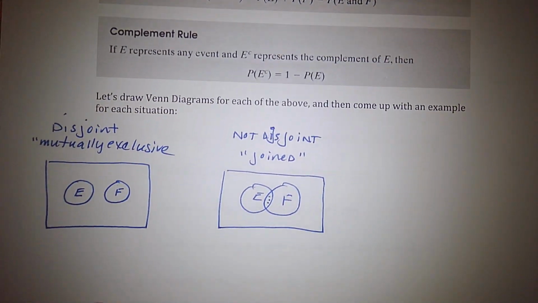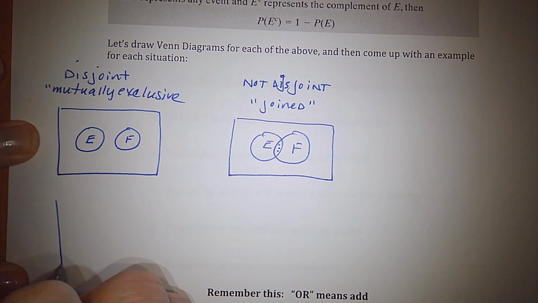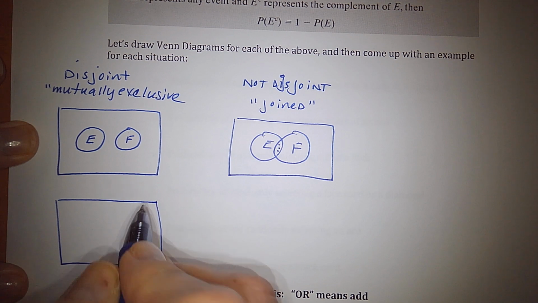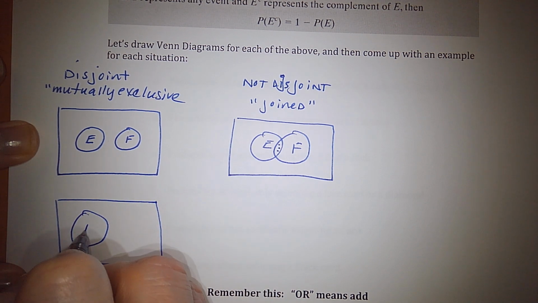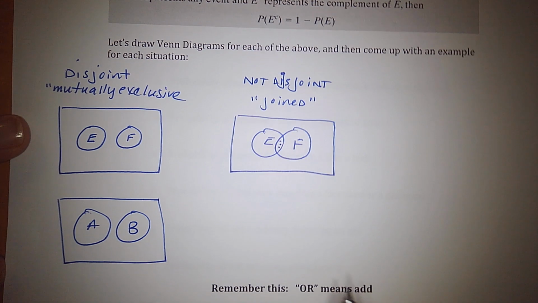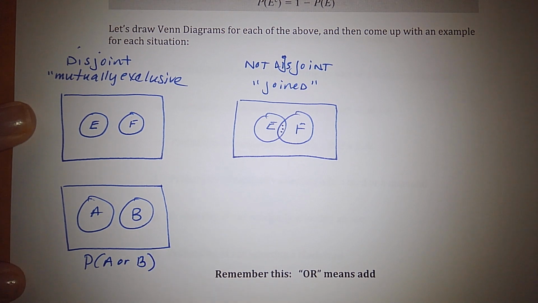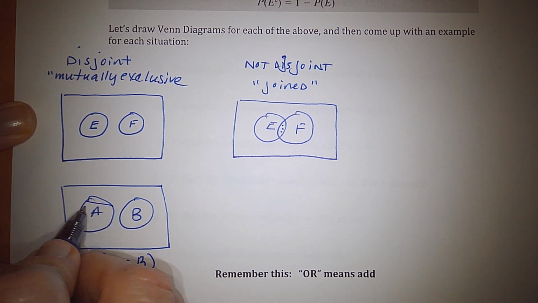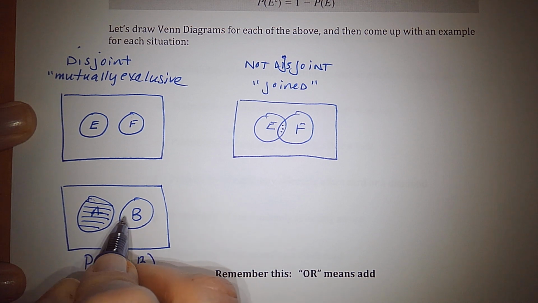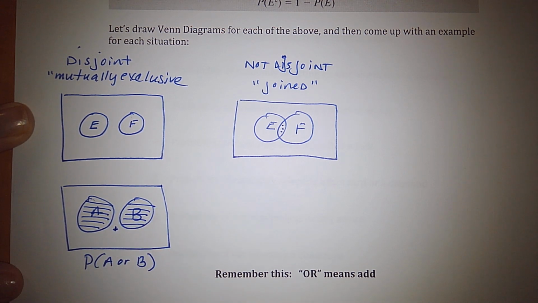So again, if they're mutually exclusive, and the example I gave earlier was if your grade was an A or if your grade was a B, the probability of A or B occurring is simply the probability of you getting an A, and then we add the probability of you getting a B. We simply add those two events together.